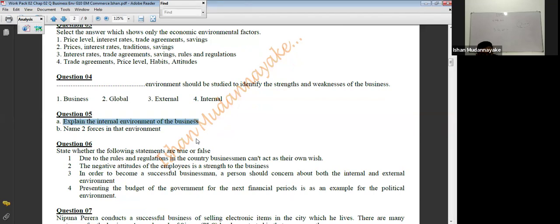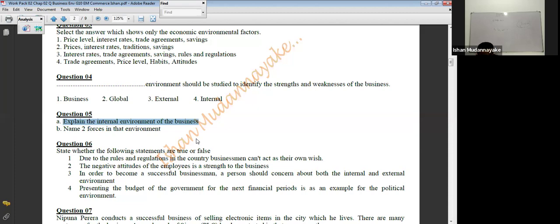The forces within the business and affecting the business are known as the internal environment of the business. Write the answer.